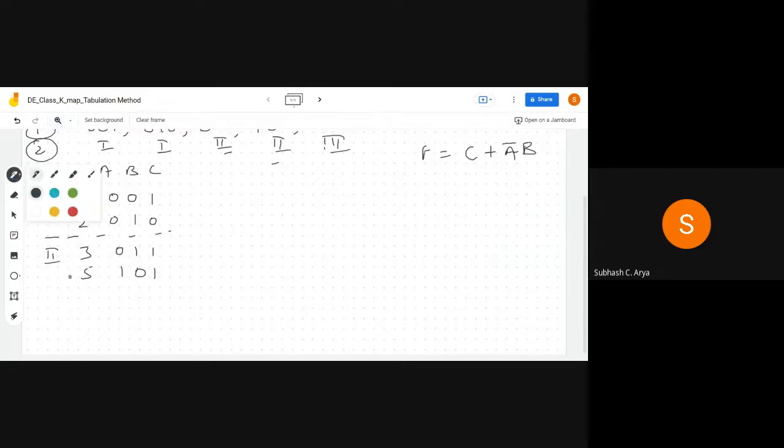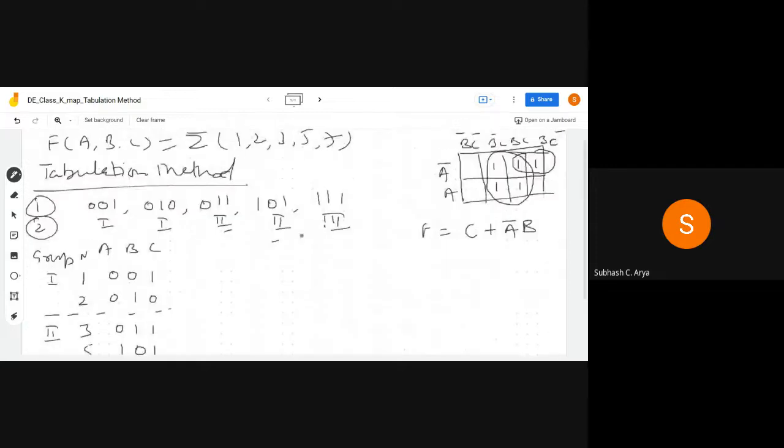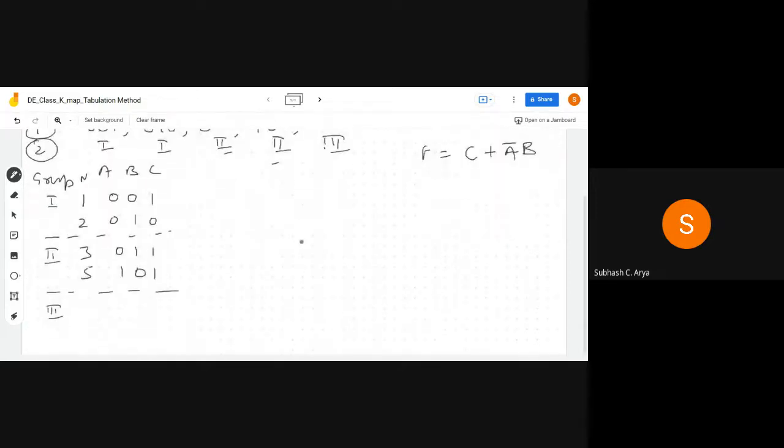Okay, so we have covered group 2. Now group 3. In group 3 we have only one number, that is 7, and we write here 1 1 1. I think up to that point one is able to understand.